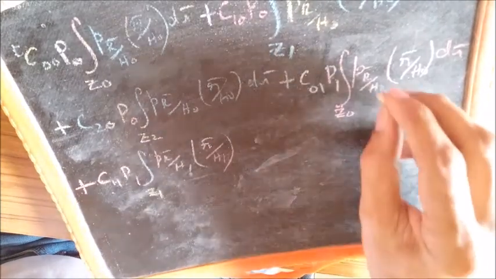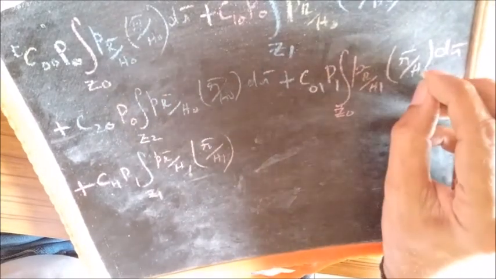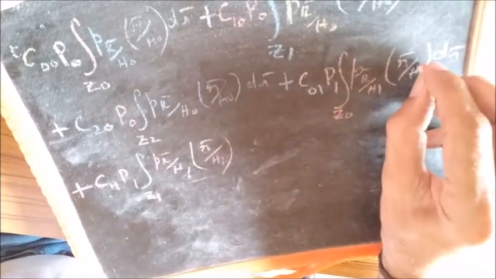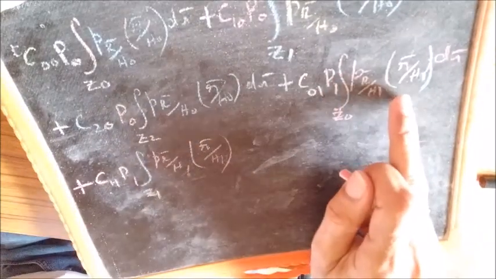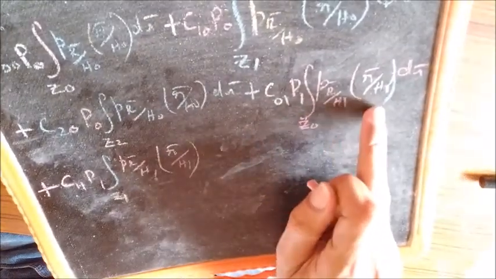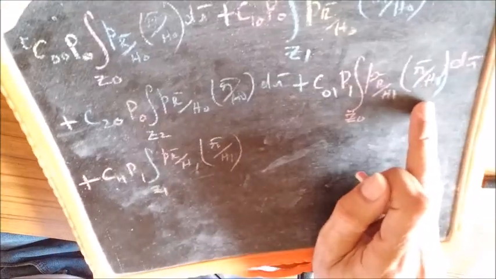This must be H1 because we are keeping I as equal to 1 and repeating the j summation from 0 to 2. So a small error here, I have corrected it, it must be H1.